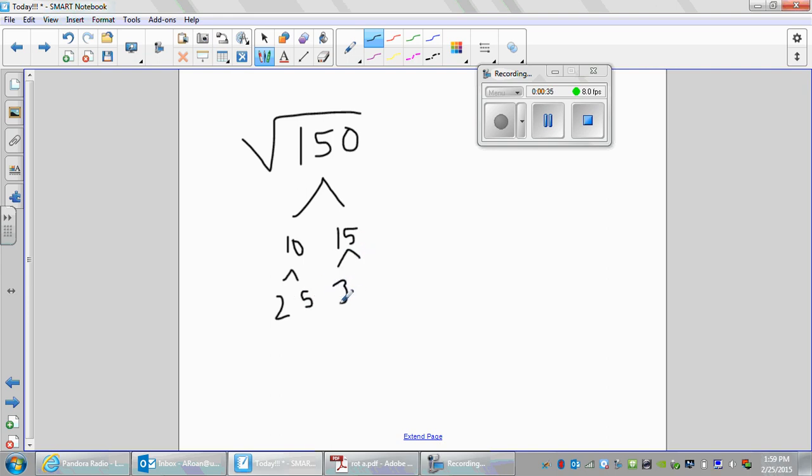3 and 5. So now I have the square root of 150 is the same thing as the square root of 2 times 5 times 3 times 5. Now make sure you watch the video where they have a party under the radical if you missed class today, and anytime there's a pair you can pull them out.